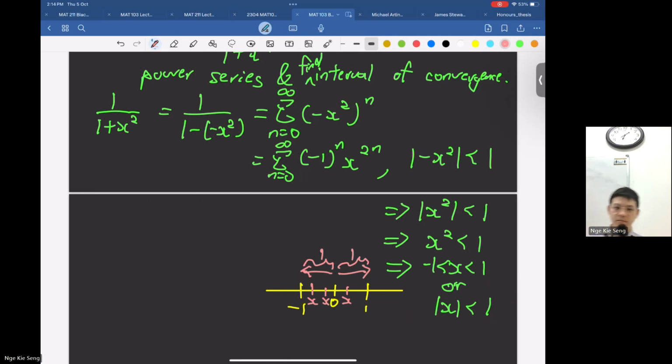We don't care whether it goes to the left or to the right. As long as it is within distance 1 from 0, that's enough. Any question?